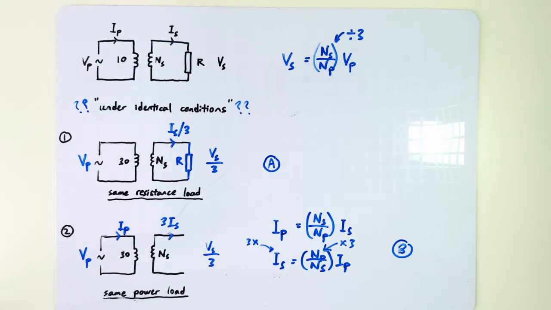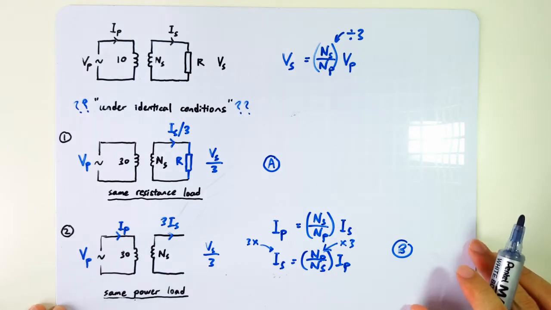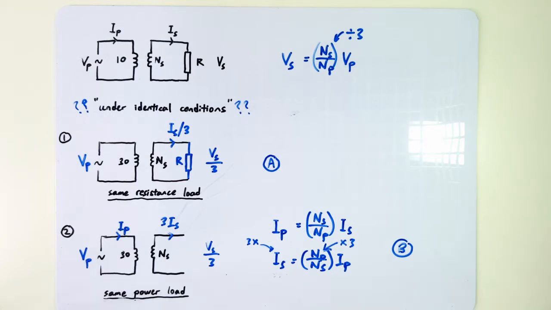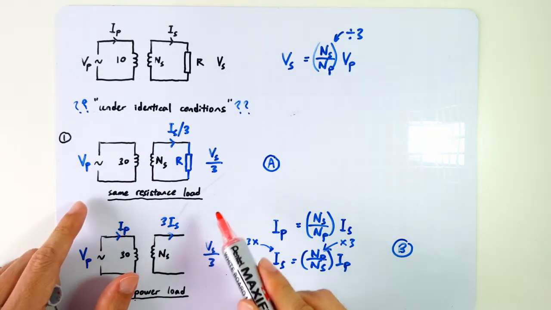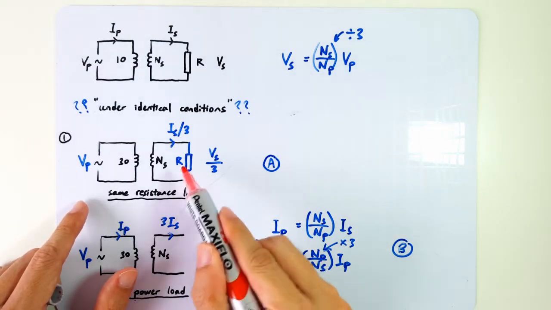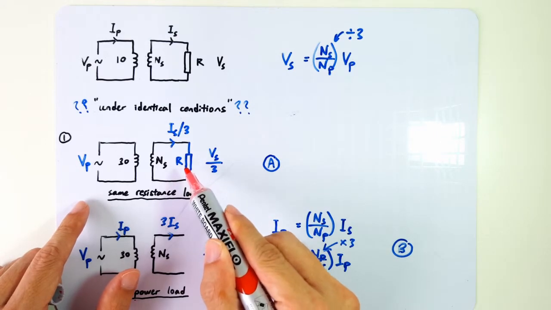Okay? I know many of you will find it quite confusing by now. Let me just push on a bit further, and hopefully it'll be clear to you exactly why there are 2 different outcomes. So let's go back to the first scenario, where we are saying that the resistance load is the same.